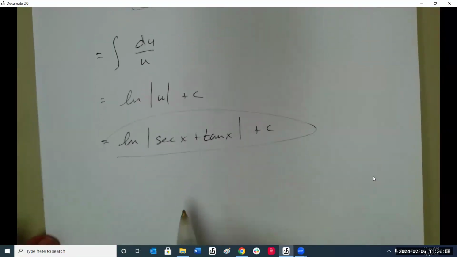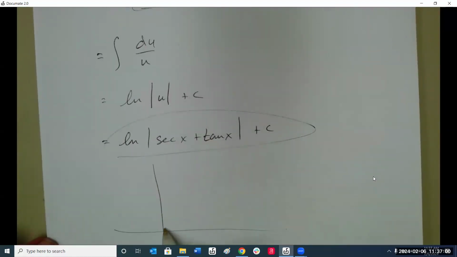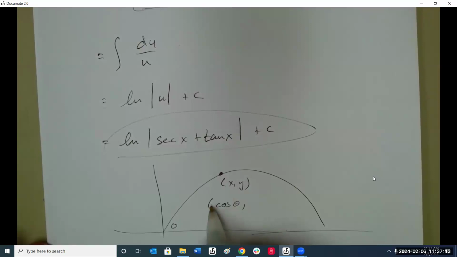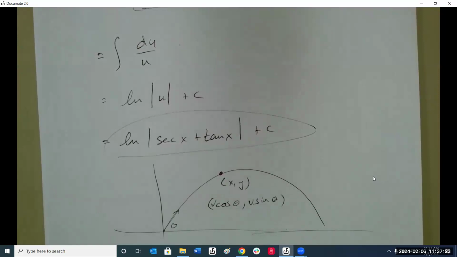For example, if you have a trajectory of an object, any object has an X and Y location. X deals with the cosine of that angle of trajectory times its initial velocity. And Y is the sine version of that, times your initial velocity.